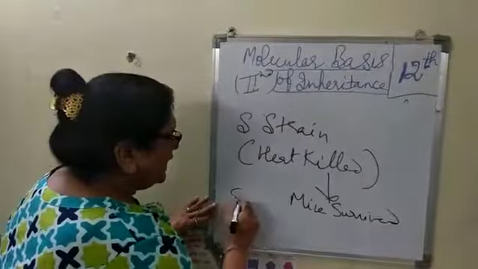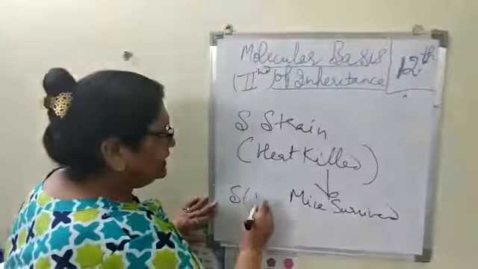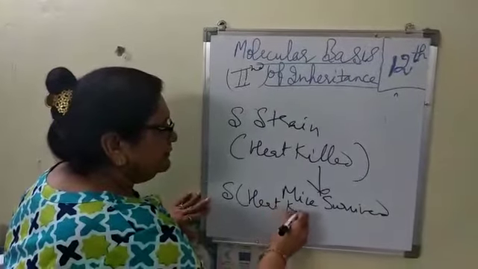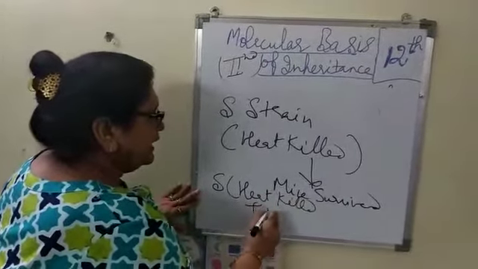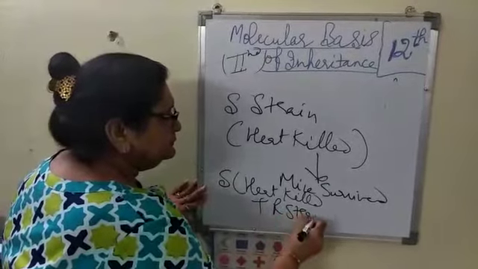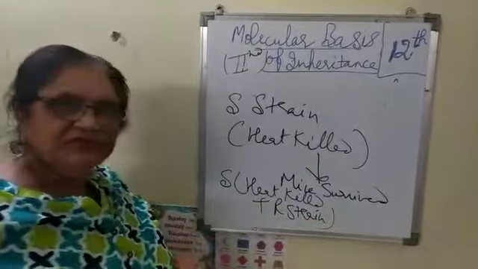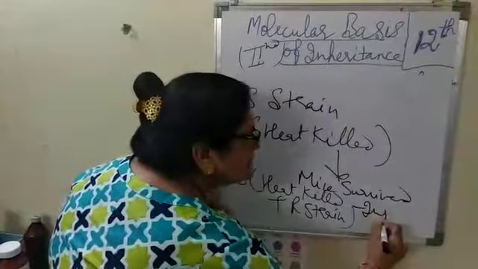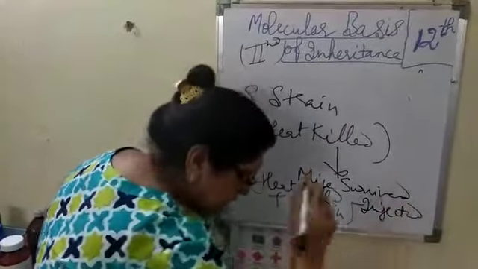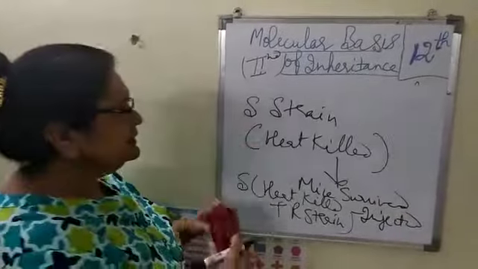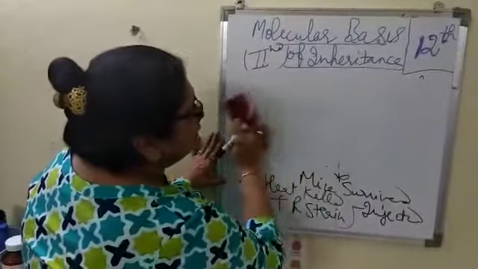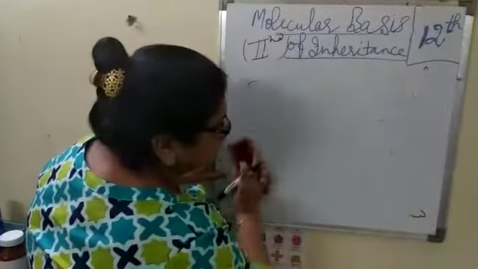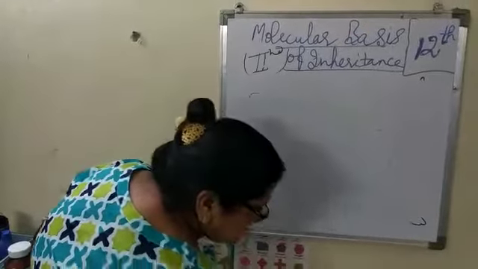Next, heat-killed S strain plus R strain were injected together. So what he found is that now the mice die.